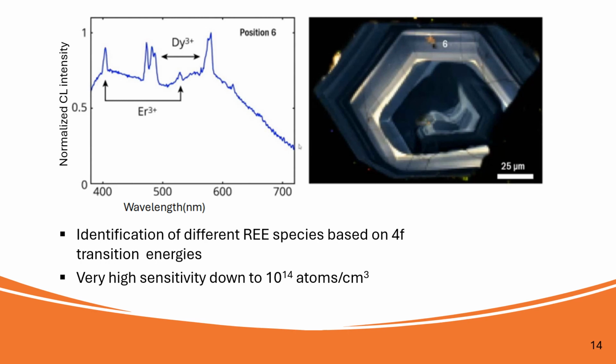It's a very sensitive technique, as I just mentioned before, that can detect as few as 10 to the power 14 atoms per cubic centimeter. In this spectrum, the sharp peaks are due to the extrinsic defects, and the broad peaks that we see are a result of intrinsic defects.